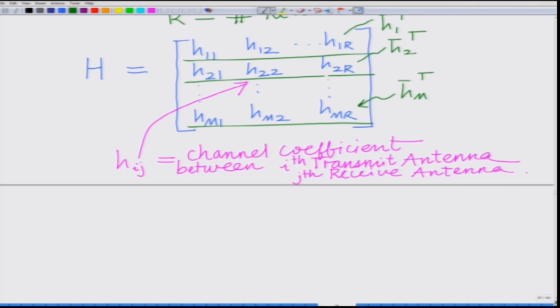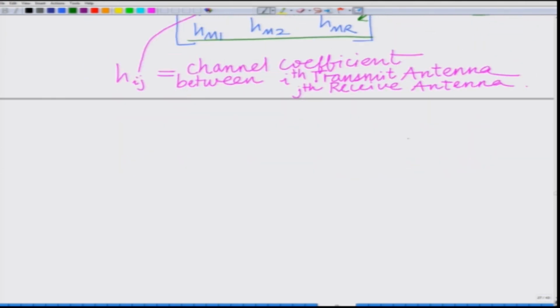So, I can write H as a collection of m rows: H1 bar transpose, H2 bar transpose, up to HM bar transpose.